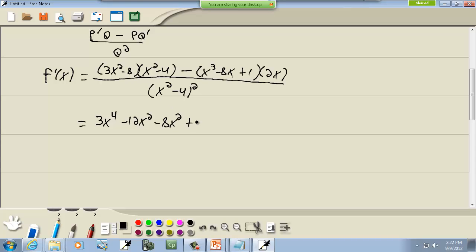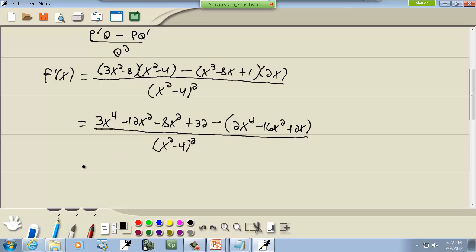Negative 8 times negative 4 is 32. Minus, and I'll take 2x times each one of these terms. 2x times x to the third gives us 2x to the fourth. 2x times negative 8x gives us negative 16x squared. And 2x times 1 gives us 2x. All over x squared minus 4 squared.